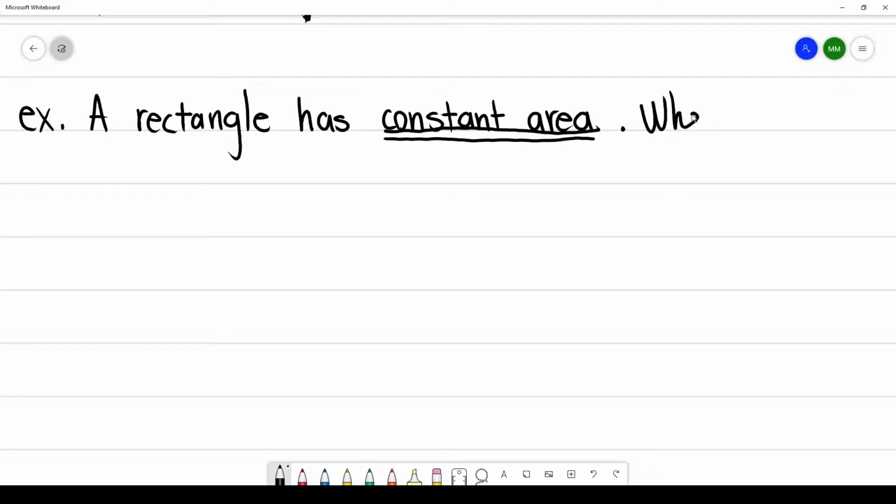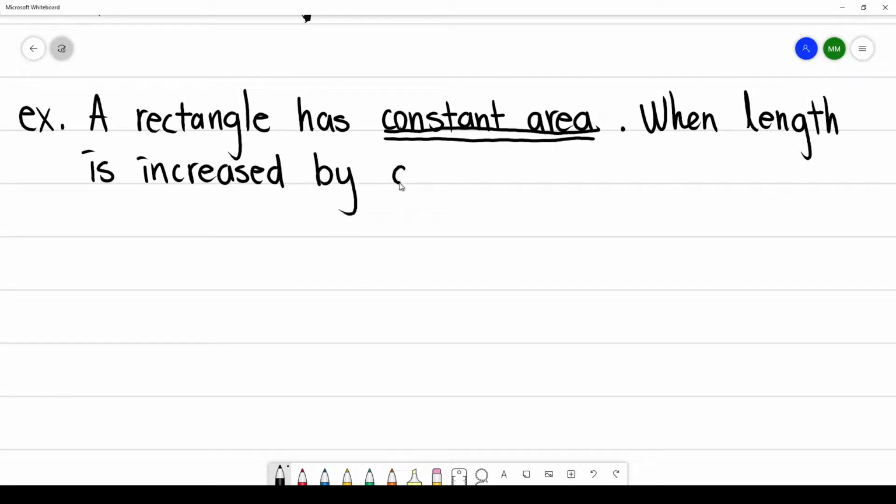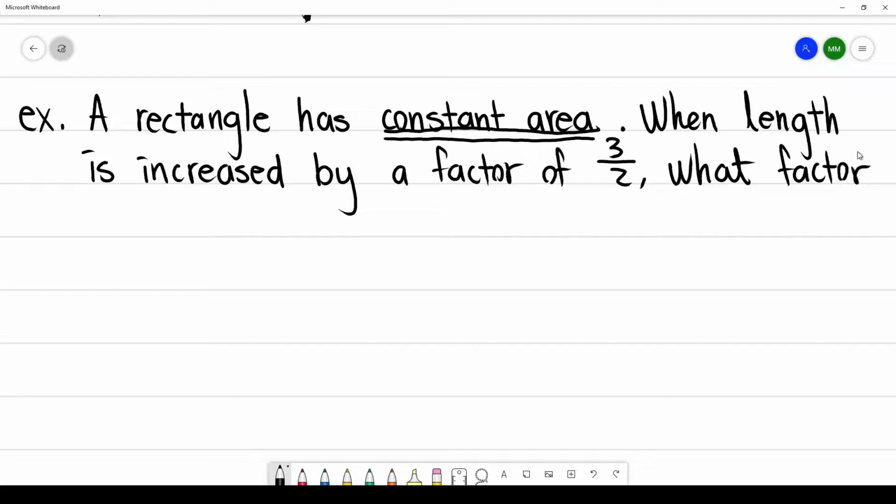When length is increased by a factor of 3 over 2, what factor does the width change by?